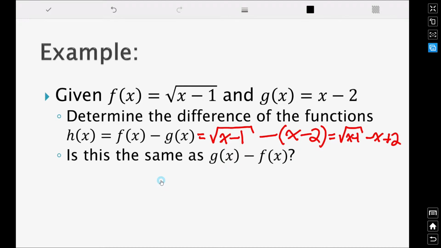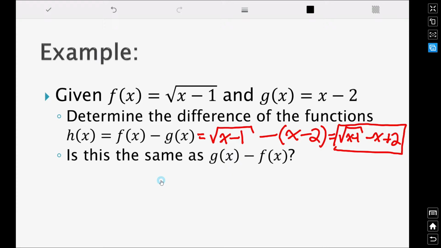So there's my function. That is the difference of the functions. A little different than the addition. That minus sign in front of the second function just changes all the signs of that function. So rather than being x minus 2, it becomes minus x plus 2.